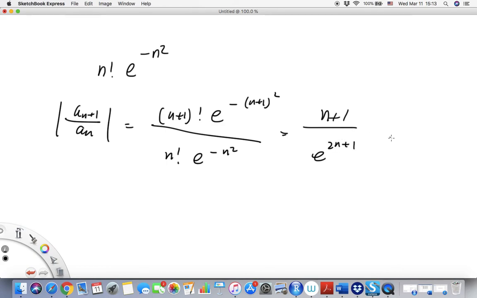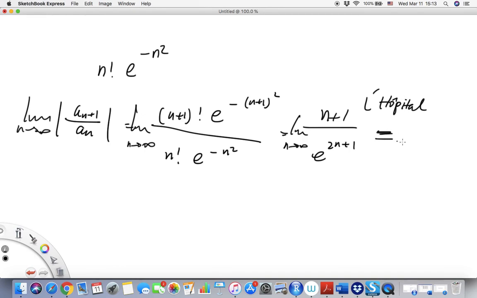Then you take the limit as n goes to infinity. You use L'Hopital, and you're going to have 0. So by the ratio test, this is convergent.